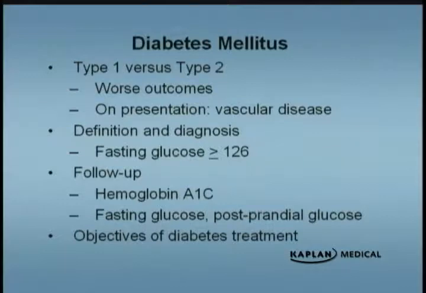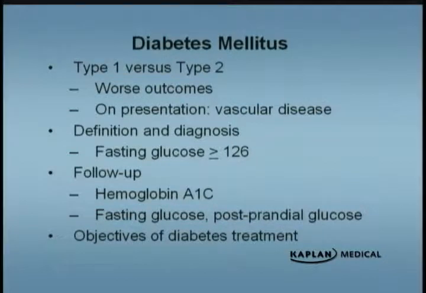There's also some other differences that we have to know about, and it has to do with worse outcomes. If you take type 1 diabetics across the board, they have worse outcomes. If you take their overall morbidity and mortality and so forth, they have worse outcomes. But that's because it's a more aggressive disease. They develop more renal insufficiency and so forth.